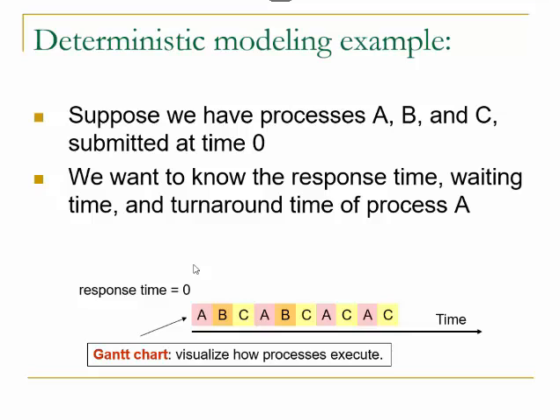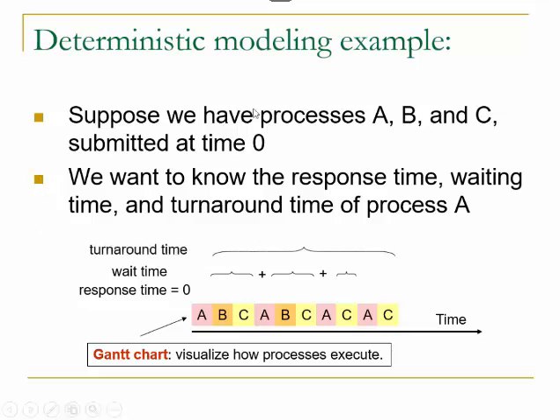Waiting time is the amount of time it waits for its execution. You can see A waits while processes B and C are executing, so the waiting time is 2 plus 2 and 1, total 5 units of time. Turnaround time is the amount of time a process takes to get finally executed.